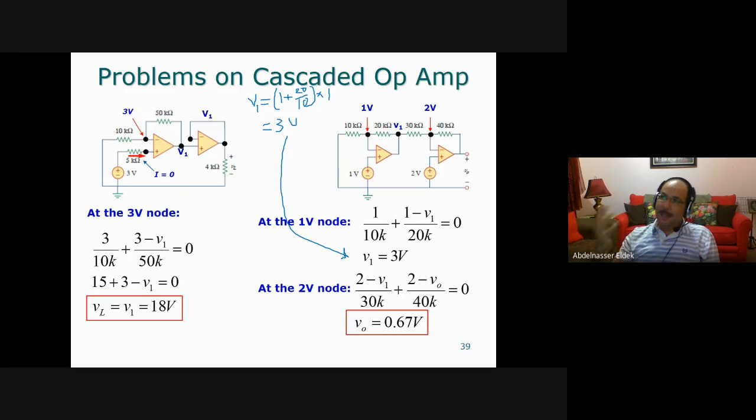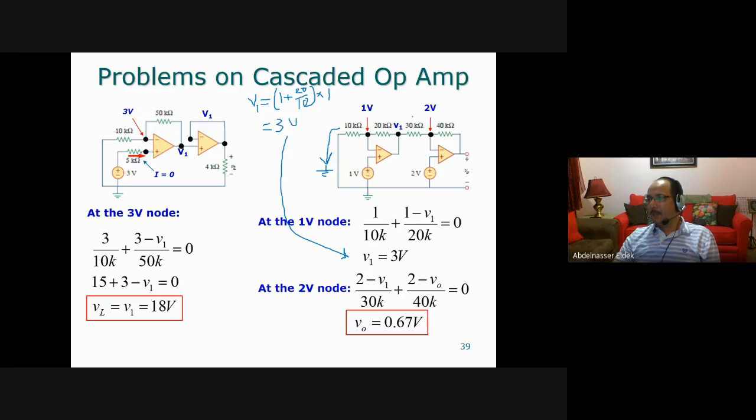The second stage looks very similar to this one, but it is not a non-inverting amplifier. Why? Because in a non-inverting amplifier, the resistor must be connected to the ground.